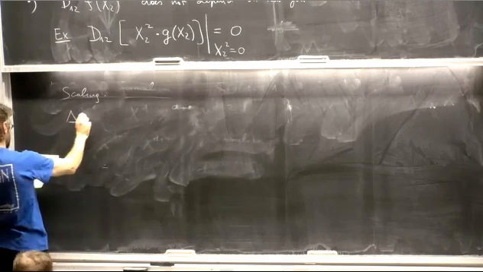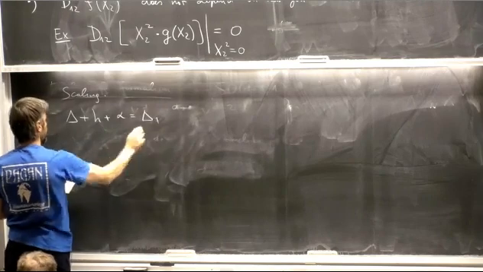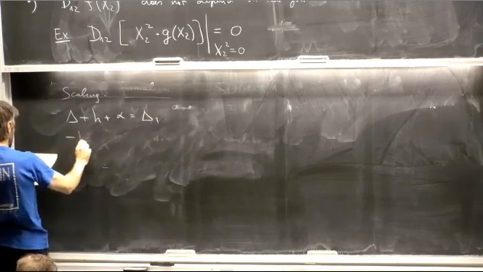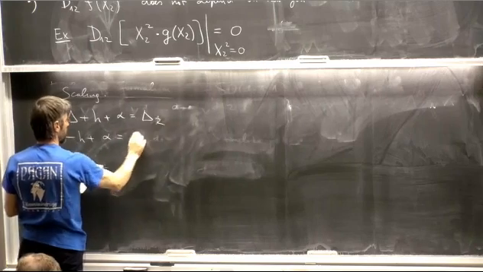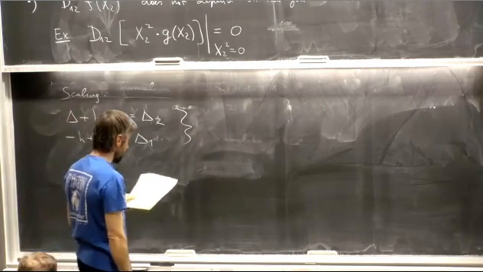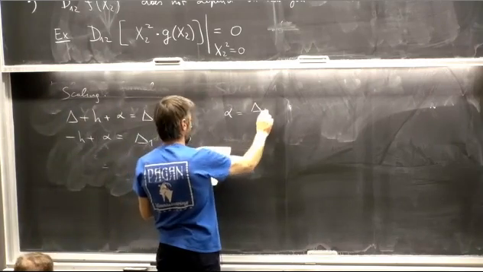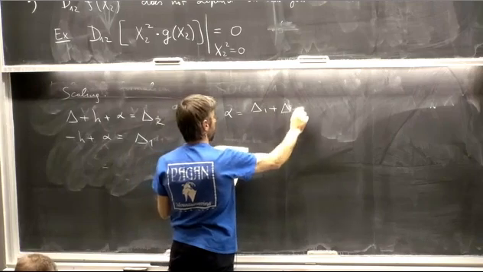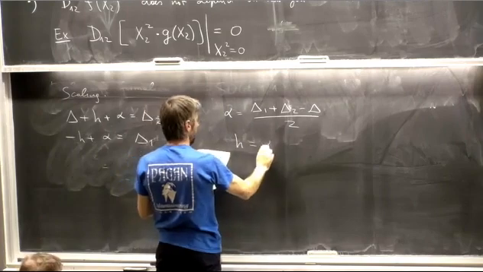that delta plus h plus alpha has to be equal to delta 1, and minus h plus alpha, no, this is delta 2, has to be equal to delta 1. So from here you determine alpha and h, and you get alpha equals delta 1 plus delta 2 minus d over 2, and h is alpha minus delta 1.